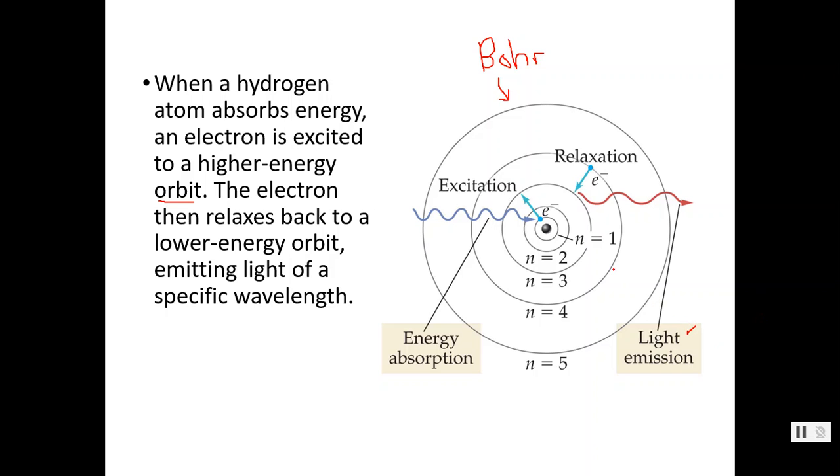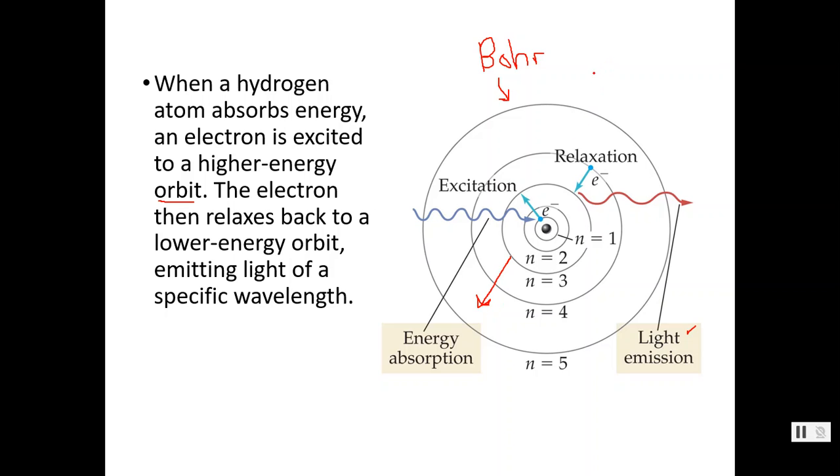These orbits have particular numbers associated with them, particular n numbers. They are quantized. That means they have specific energy associated with them. The further away you travel from the nucleus, the higher the energy of that orbit. So that's what we use to explain where an electron is in an atom with regards to hydrogen.